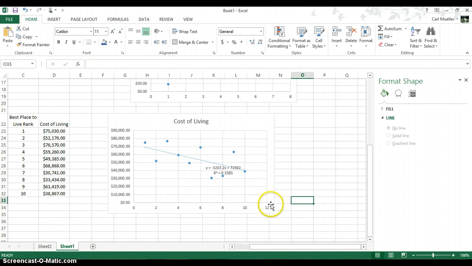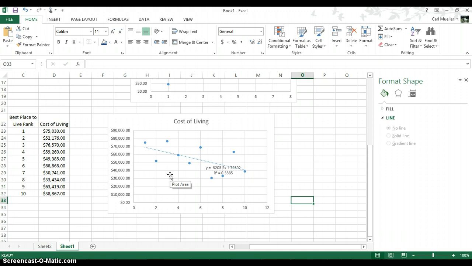As it's going down, it means that it is a negative slope. It is a negative relationship. So it makes you see that as you go, the cost of living potentially goes up in a way, forecasting wise. And our equation, if you're familiar with it, is y equals mx plus b.